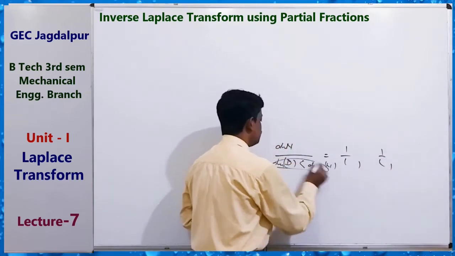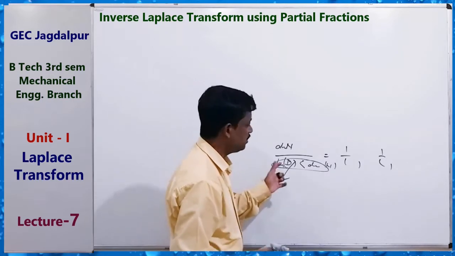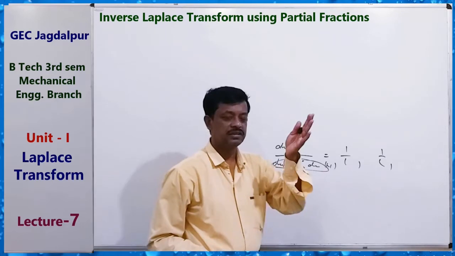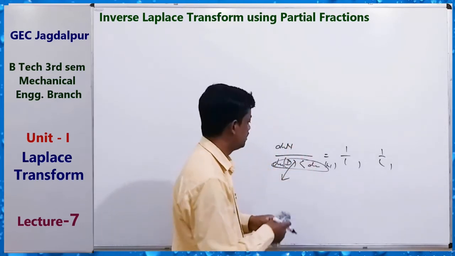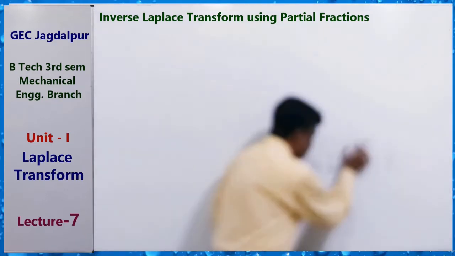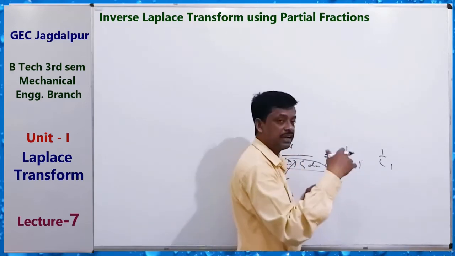First of all, we have to factorize the denominator, and then by the method of partial fractions we have to express this rational function as some constant upon a linear factor or maybe a second degree factor.